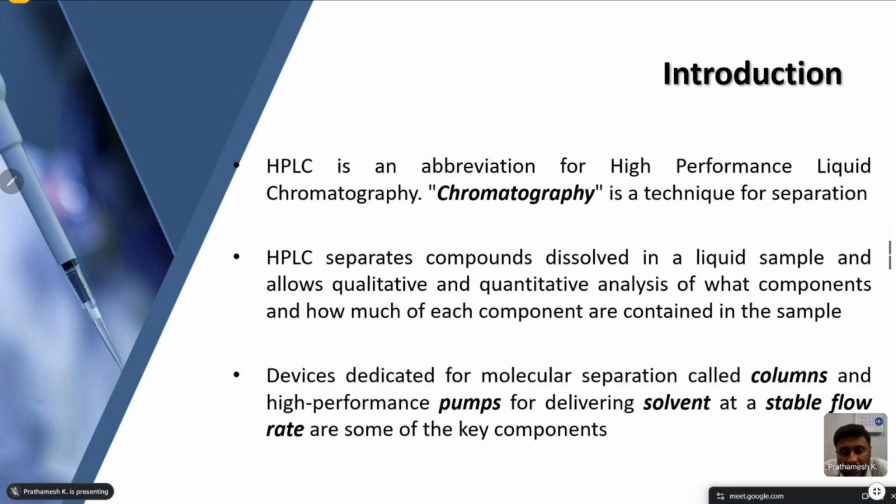He churned all the leaves of different color and mixed it in a solvent and added it in that column. And what he saw was that the mixture was separated into different colors. So that is how the name chromatography came up. Chrome means color, graphy is basically writing.